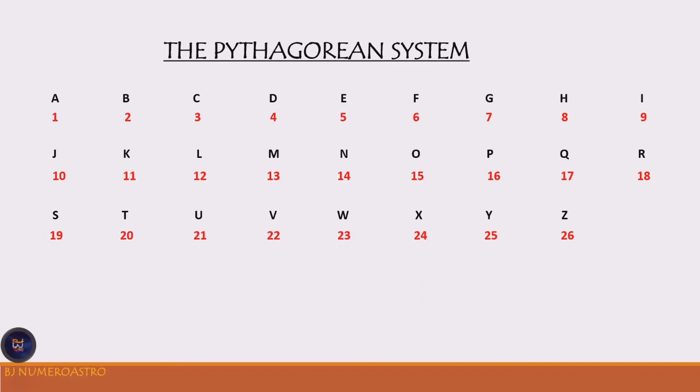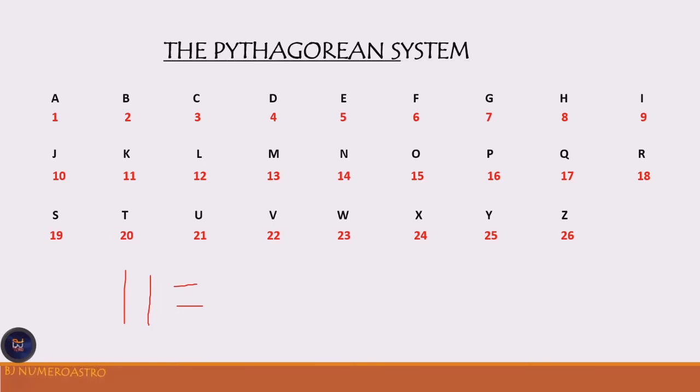Let me clean this, which is 11. So what is 11 in numerology? 11, what will it be equal to? So from what I said, we're just going to sum the first digit plus the second digit.